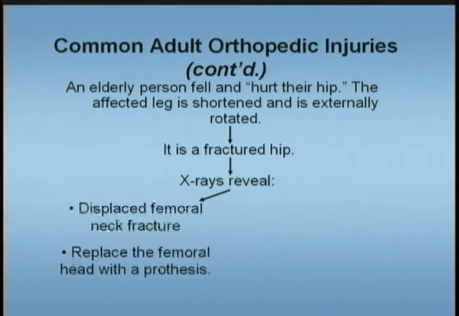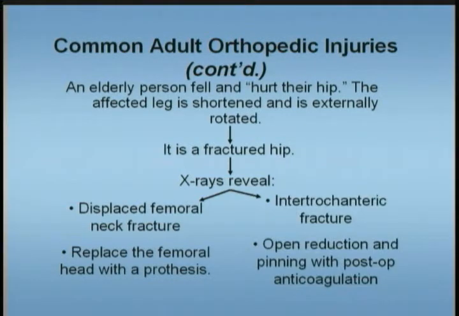If the x-rays say displaced femoral neck fracture, the management is replace the femoral head with prosthesis. But on the other hand, if the x-rays say intertrochanteric fracture, then it's open reduction, pinning, and be sure that you include post-op anticoagulation.